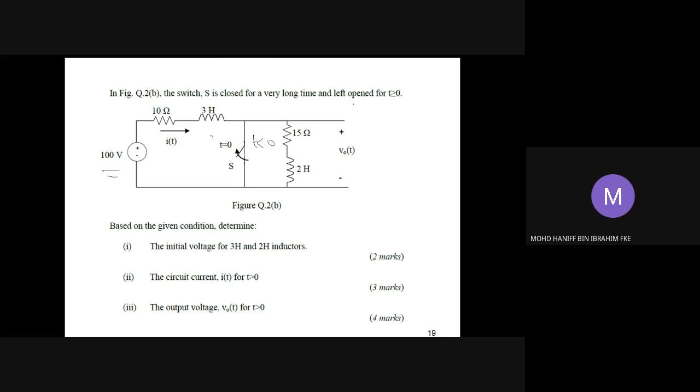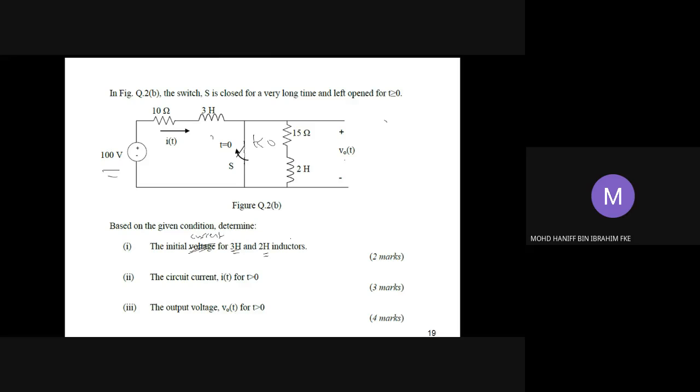Based on the given conditions, you have to determine the initial voltage for the 3 Henry and for the 2 Henry inductors. I'm sorry, not initial voltage, because for the inductors, our interest will be on the initial current.